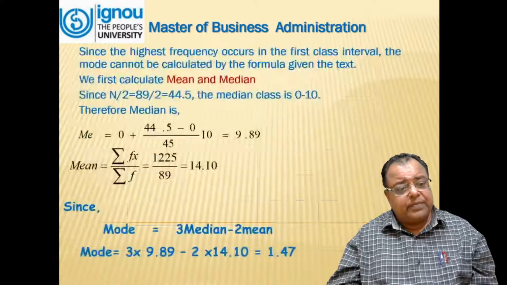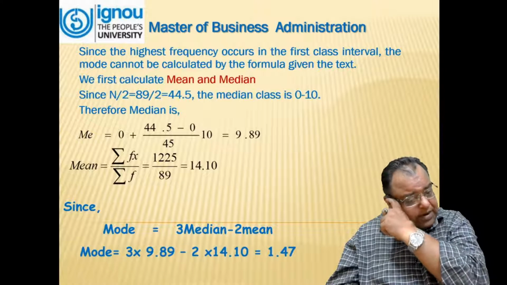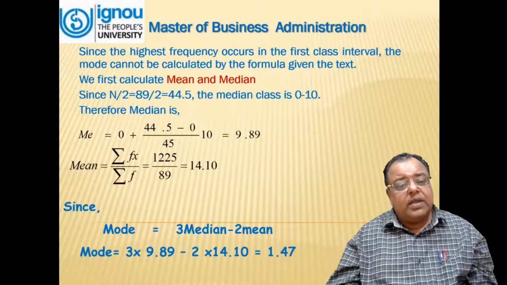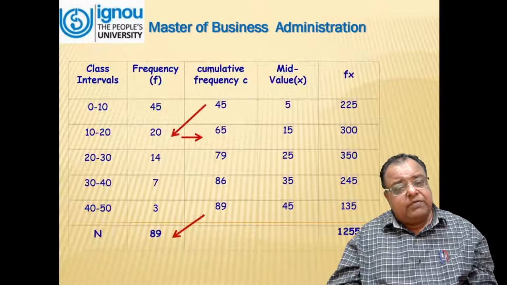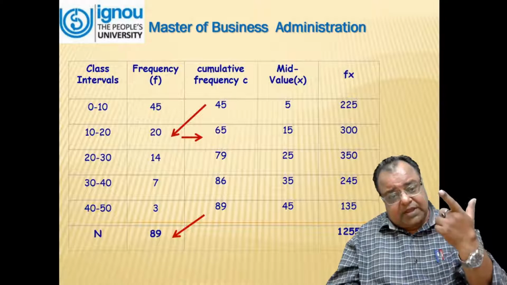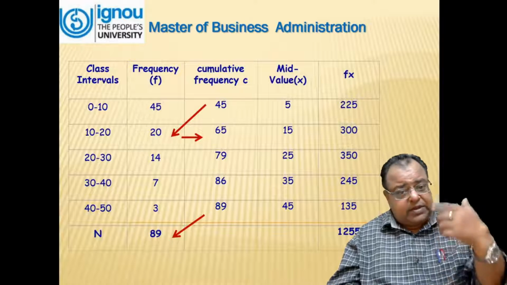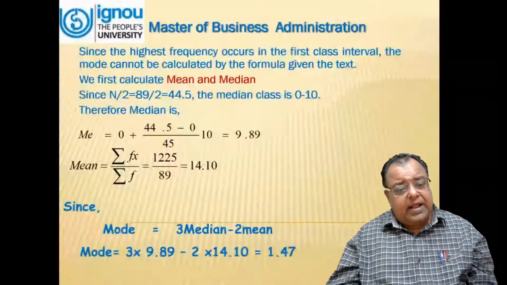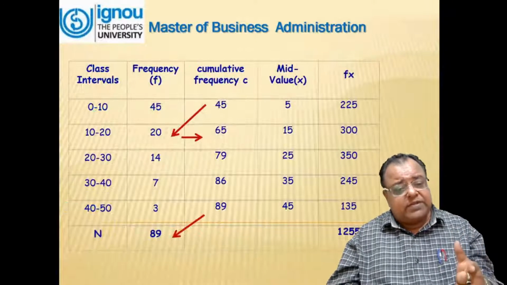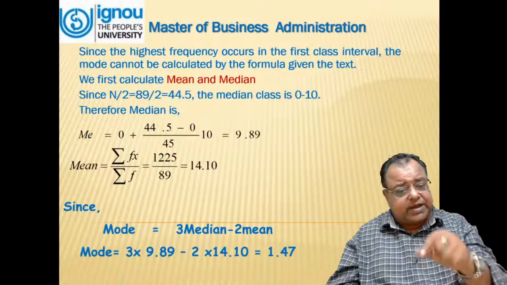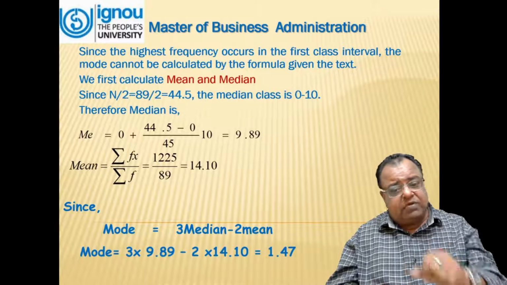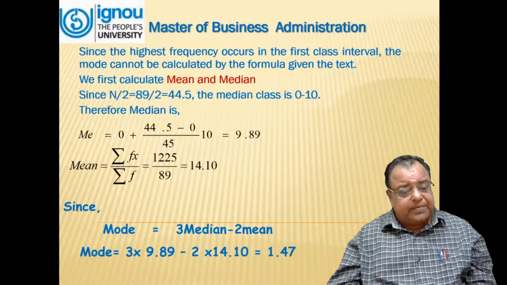For that, our L will be 0 and n by 2 will be 44.5. The preceding cumulative frequency of this class is 0 and the frequency of this class is 45, and the class size is 10. So after calculation, we are going to get 9.89.